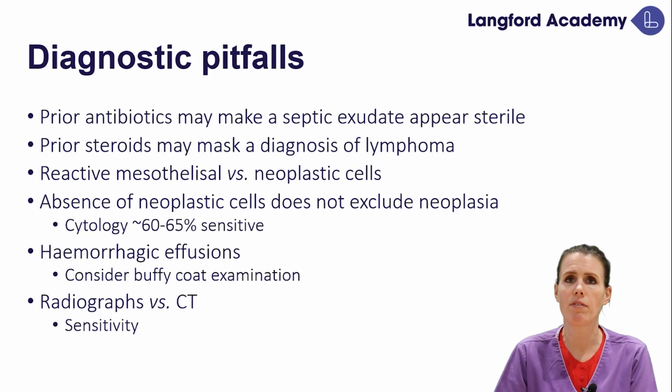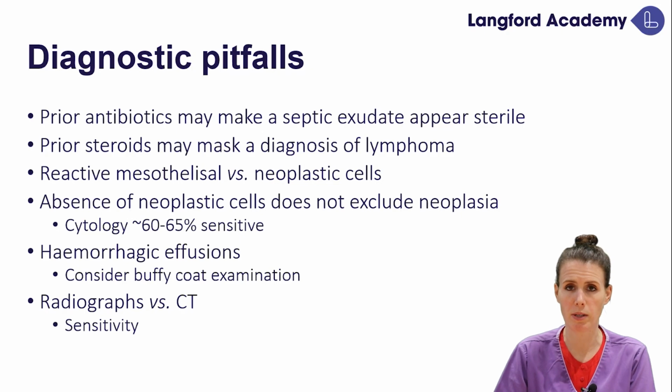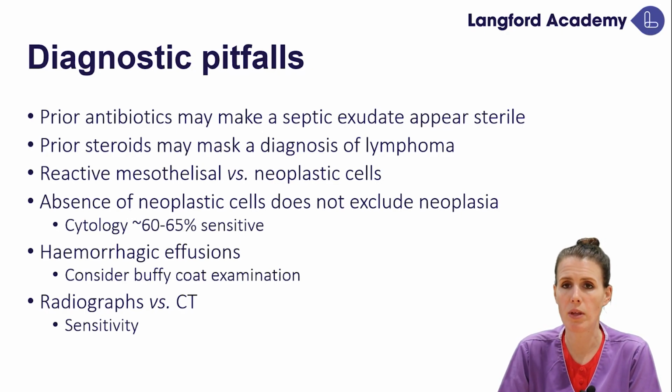And sometimes it's really difficult to differentiate between reactive cells and neoplastic cells. Importantly, the absence of neoplastic cells does not exclude neoplasia. Depending on where you look in the literature, around 60 to 65% of neoplastic effusions, the neoplasia will be identified in the cytology, which means there's a significant proportion in whom we will not identify the neoplastic cells in the effusion.